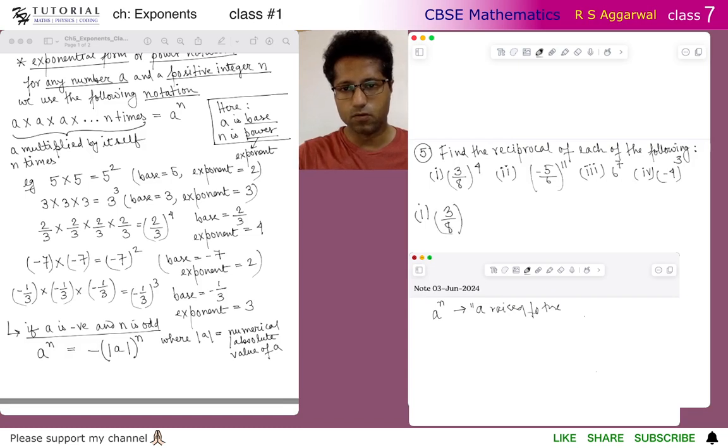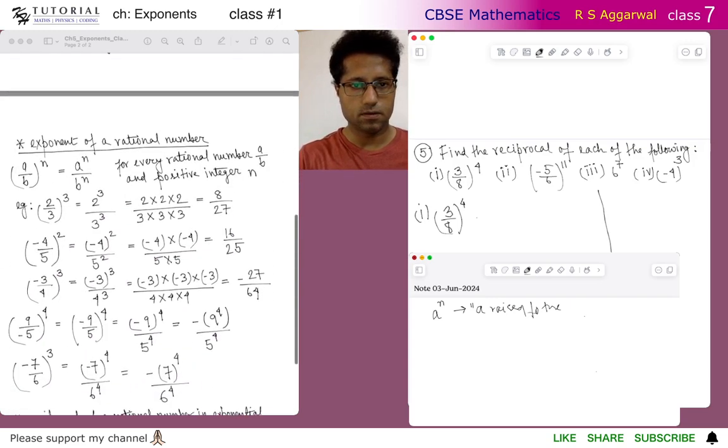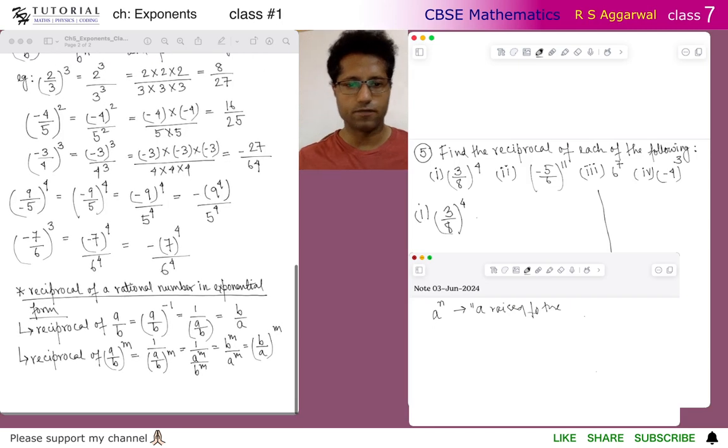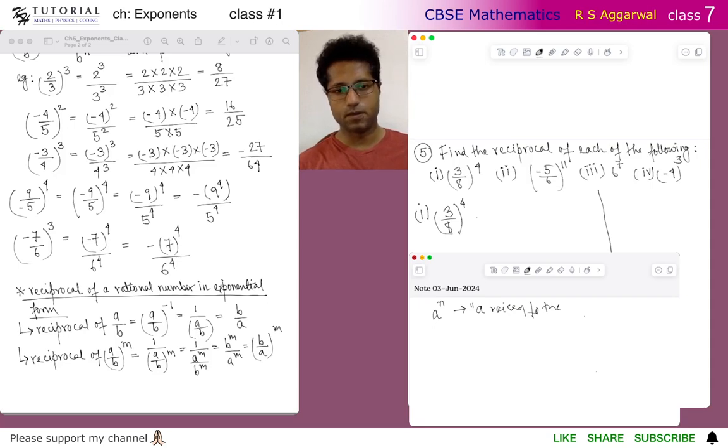As a side note, the reciprocal of the exponential form of a rational number: a by b raised to the power m has the reciprocal b by a raised to the power m.